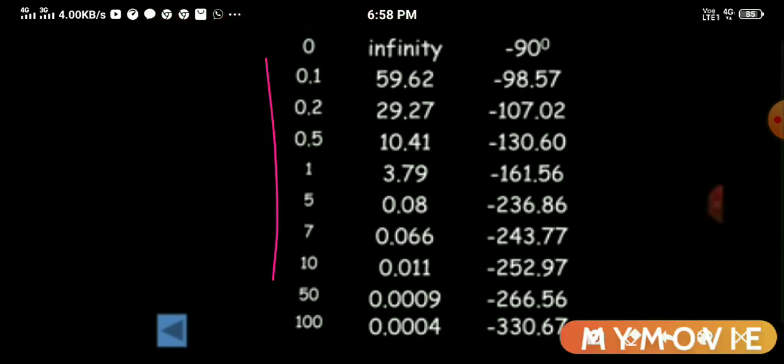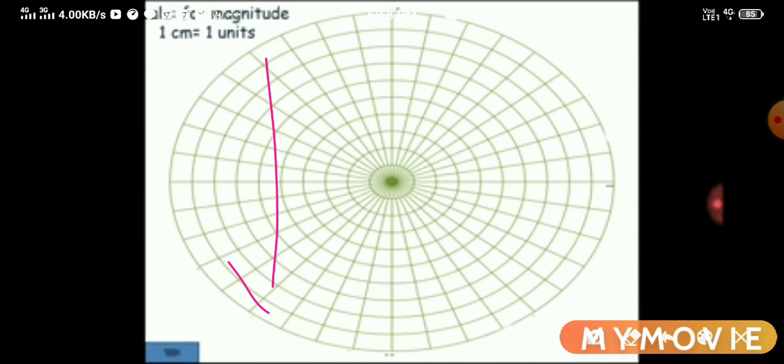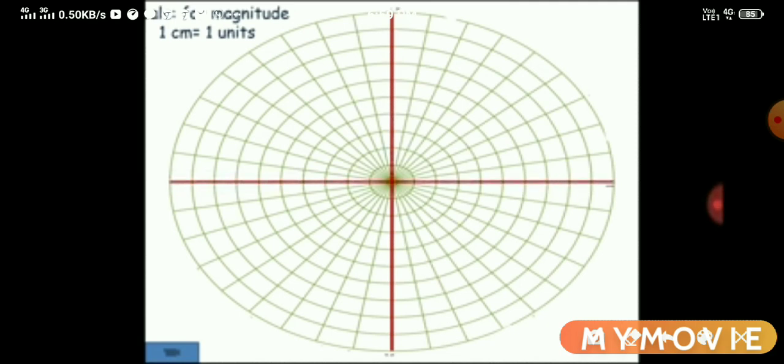When omega increases from 0 to 100, the magnitude will be decreasing and the angle will be increasing. It is very easy to draw the polar plot.